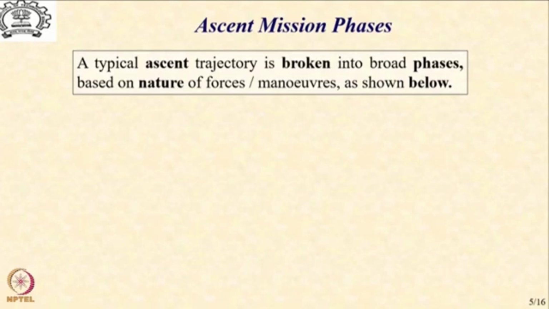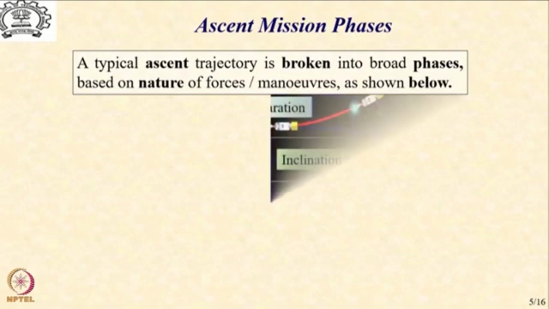To understand this further and also to do this task in a reasonable manner, a typical ascent trajectory is broken into broad phases which are directly driven by the nature of forces as well as the maneuvers which are required to be performed in those segments, and is shown in the picture below.